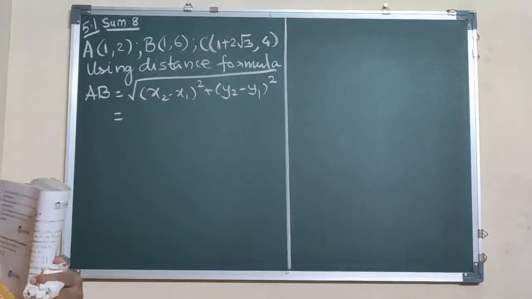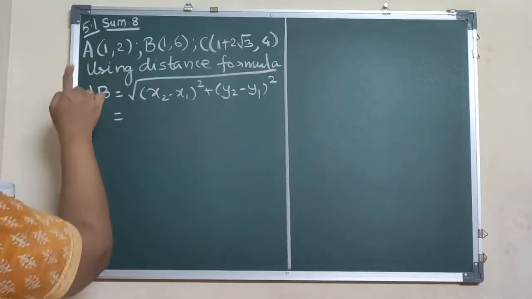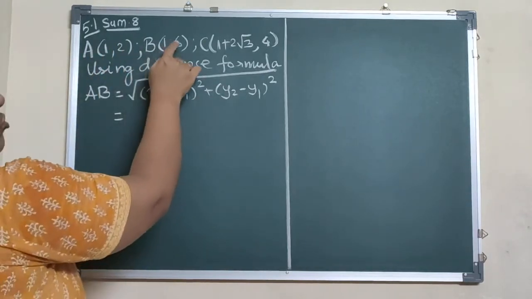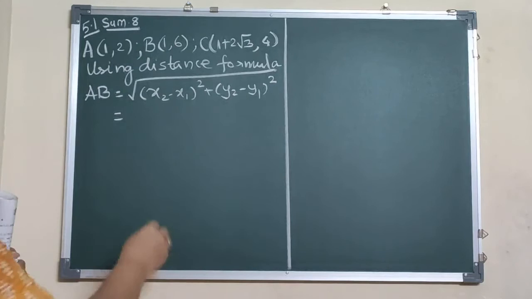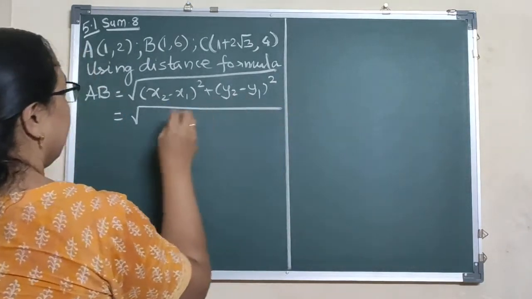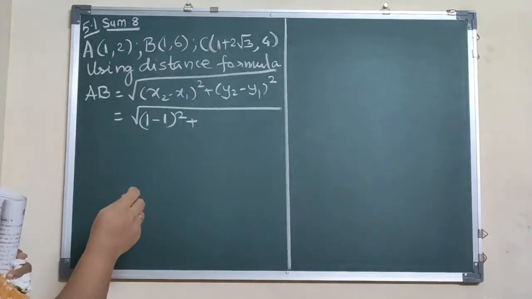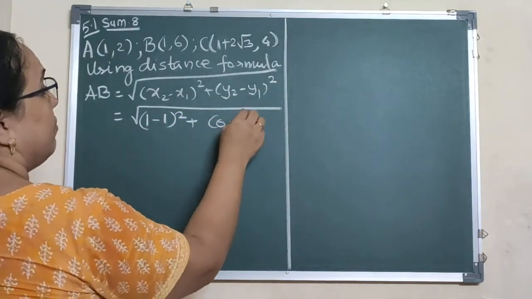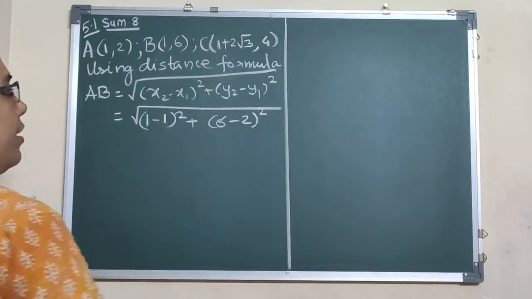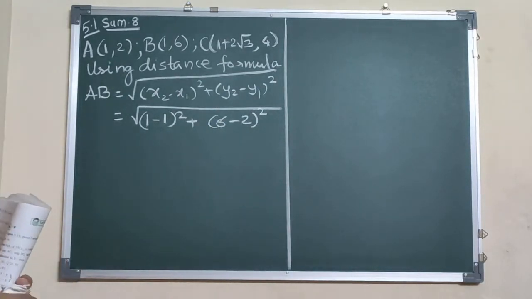So according to me, if I take A as x1 y1, B as x2 y2, we continue solving it. We get 1 minus 1 the whole square plus 6 minus 2 the whole square. Always try to keep it in such a way that it is easier for your calculation.